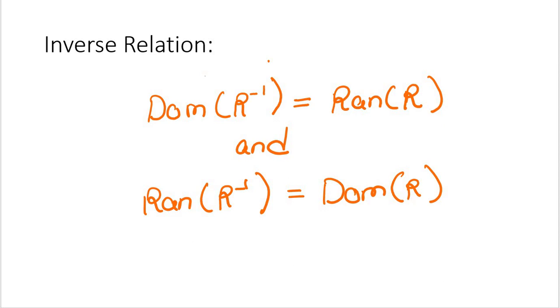Now the point is, what is basically the real life usage of these domains and ranges? When we see the variety of relationships, like one-to-one, onto and other types, there will be a usage.